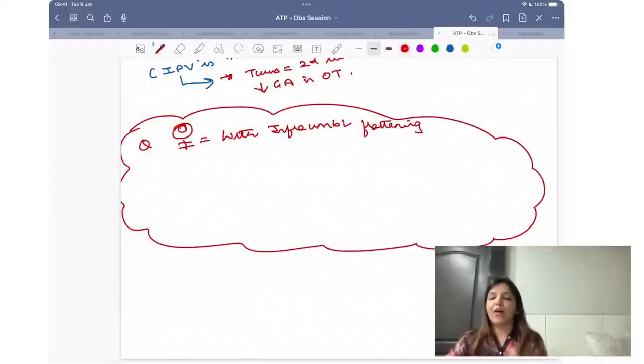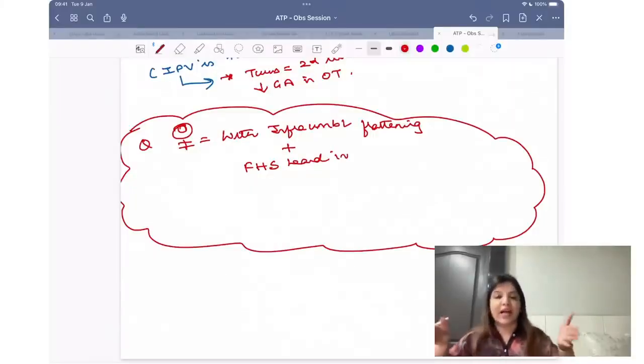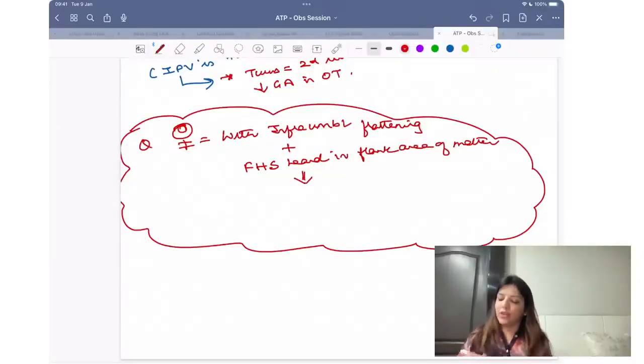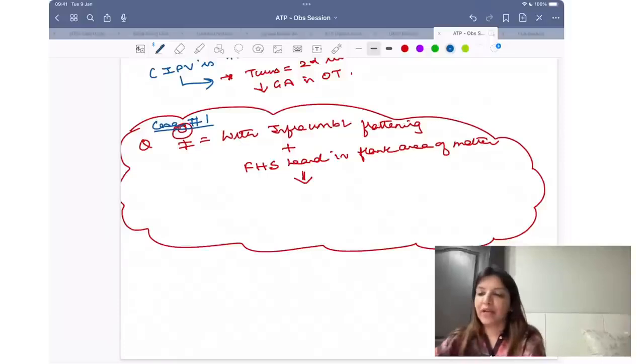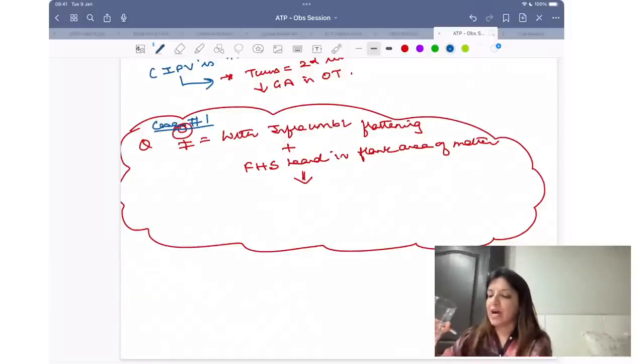She has infraumbilical flattening plus the fetal heart sounds are heard in the sides of the mother, in the flank area of the mother. What is your diagnosis? This is case number 1. There is a pregnant female with infraumbilical flattening and fetal heart sounds heard in the flank area of the mother.